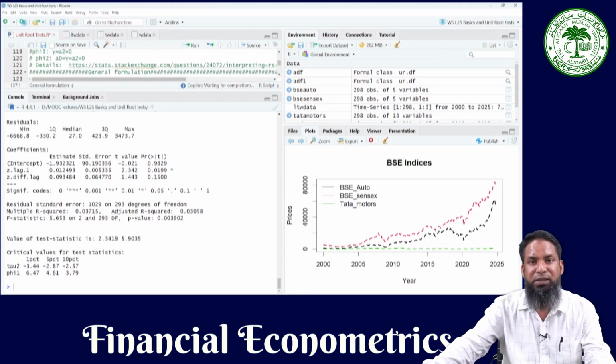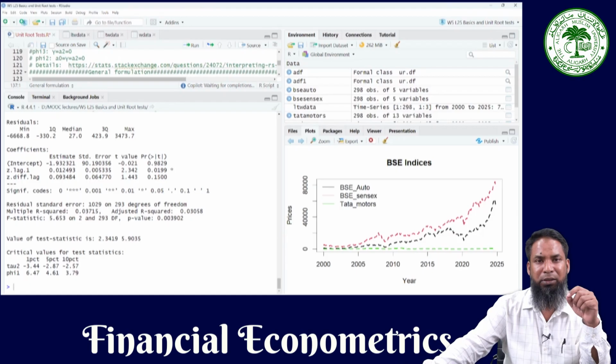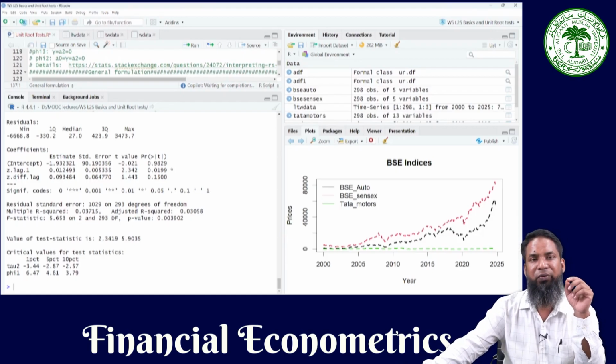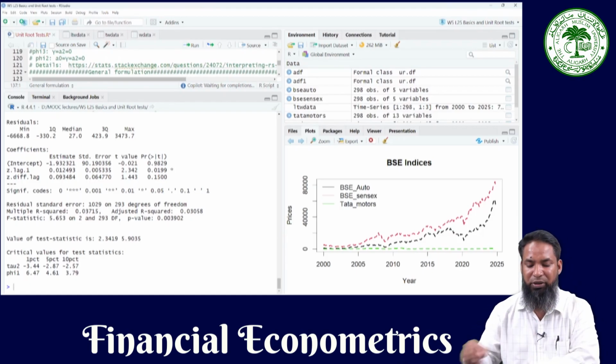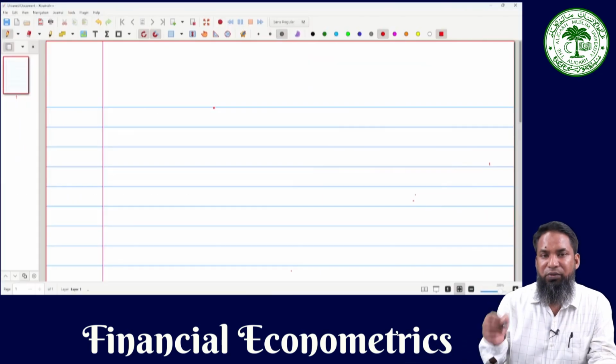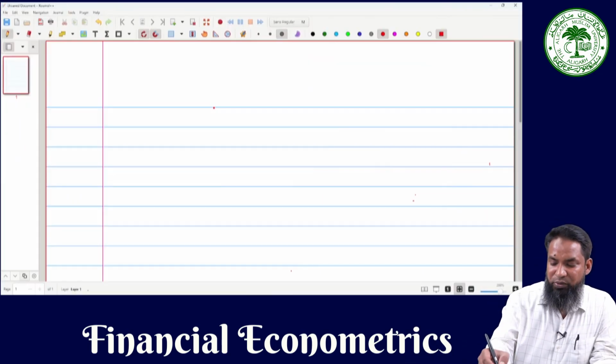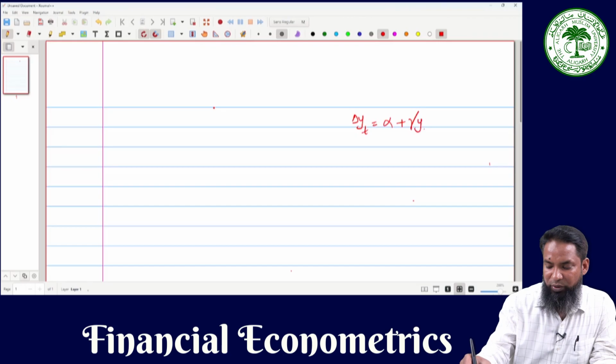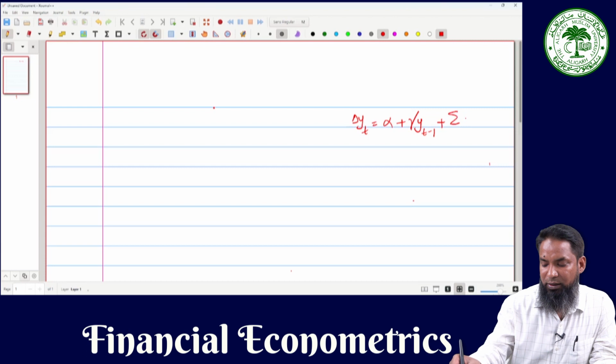This phi 1 gives us the combined significance test of the parameters alpha and gamma, because in the second formulation of the ADF test our equation is: we are regressing delta yt equal to alpha plus gamma yt minus 1 plus the lags of delta yt minus i plus ut, where i is from 1 to k.